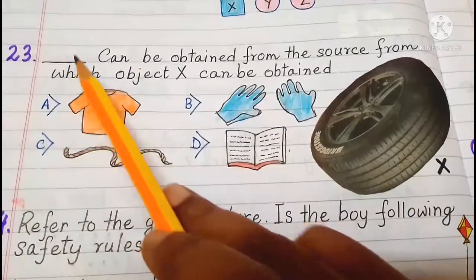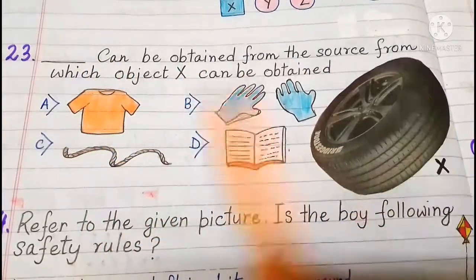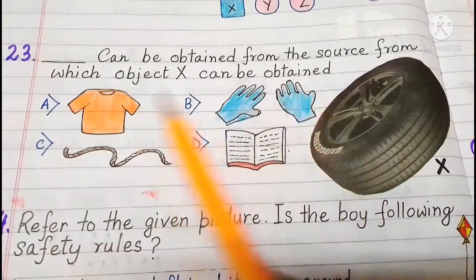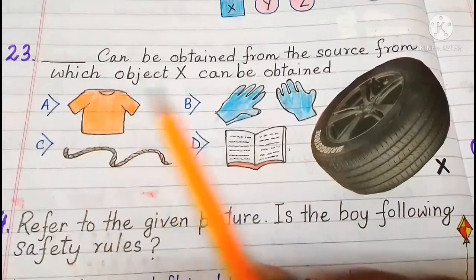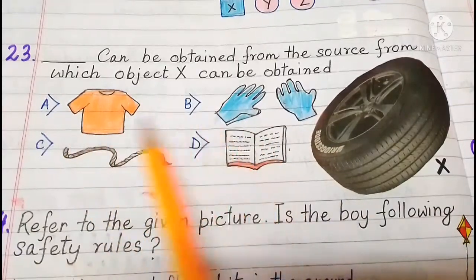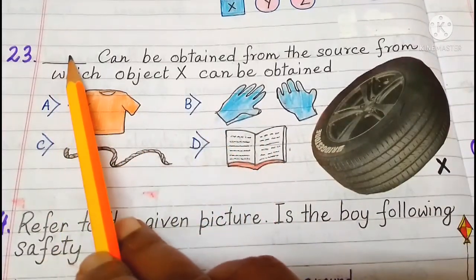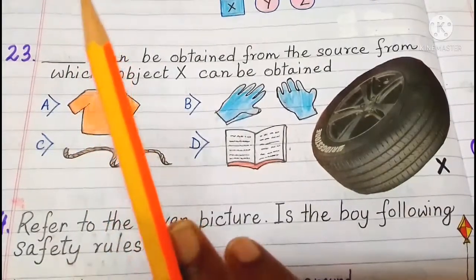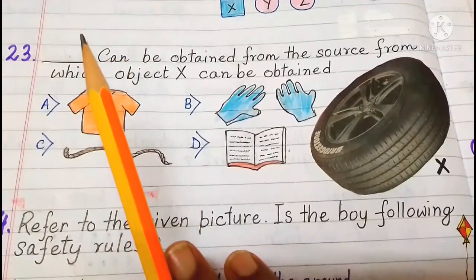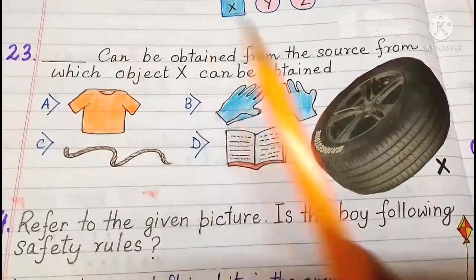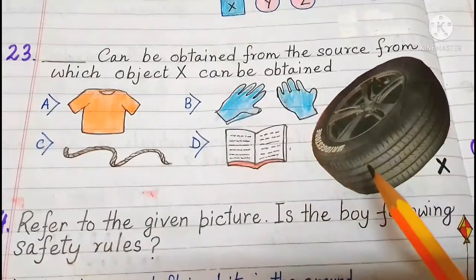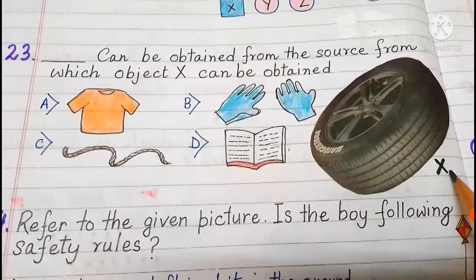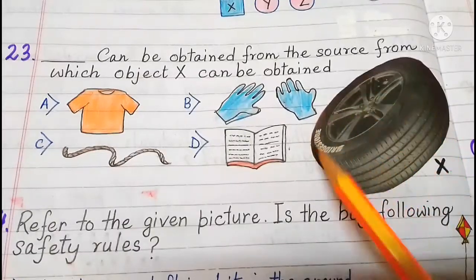Question number 23. Dash can be obtained from the source from which object X can be obtained. You have to choose an object from these options which can be written here, and this object should be made up of some material which is also a component of this X. This is actually X. So this is a tire.